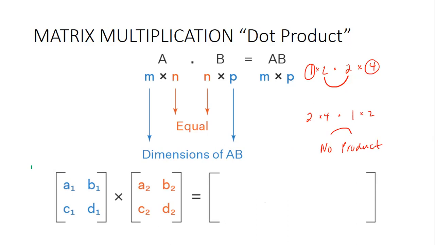The way matrix multiplication works is it's every element in the first row of the first matrix times every element in the first column of the next matrix, and you're adding their products together. So how does that look? I'm multiplying A1 times A2 plus B1 times C2. And that's going to be my first element in my product.